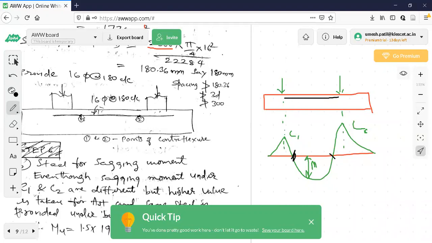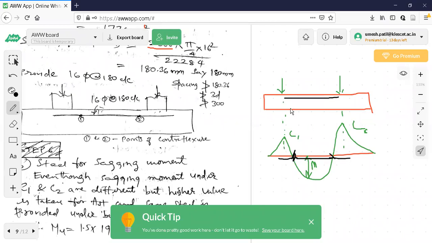But beyond the points of contraflexure, it is extended by a value which we call development length, 50 times the diameter, like that. It means actually the theoretical point of cutoff is 1 and 2. I can provide steel only between the points of contraflexure. But for development length criteria, I should go beyond this on this side, like this. So this is what is done here.